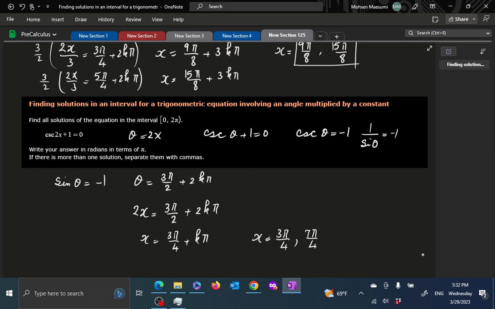If I add another pi, it becomes 11 pi over 4. That exceeds. If I take k to be minus 1 and add it, I get a negative. So the only answers that are acceptable to me are just these two numbers. So we neither allow any answer that's below 0, nor any answer that is at 2 pi or above.